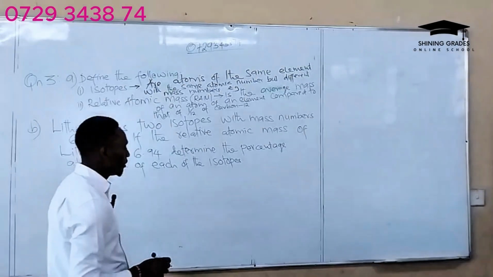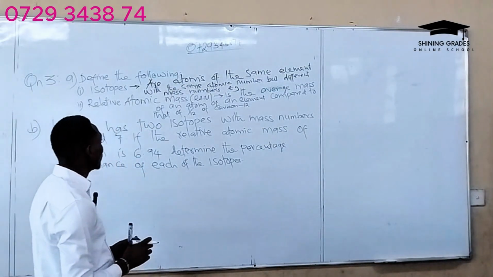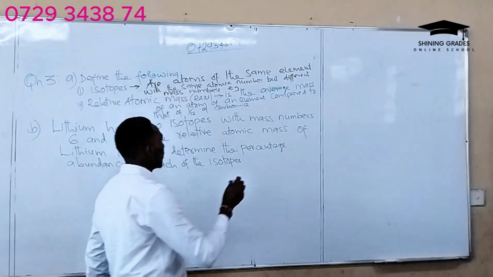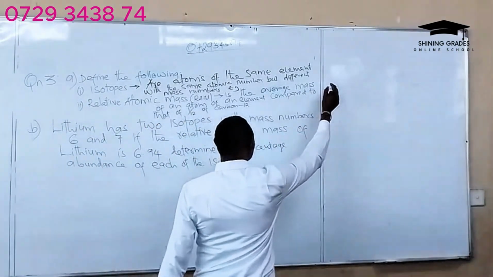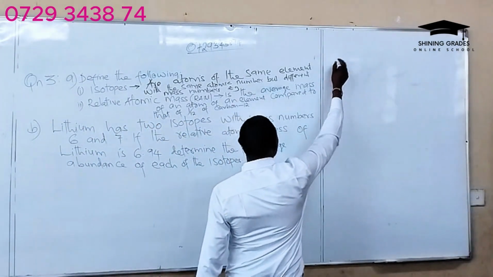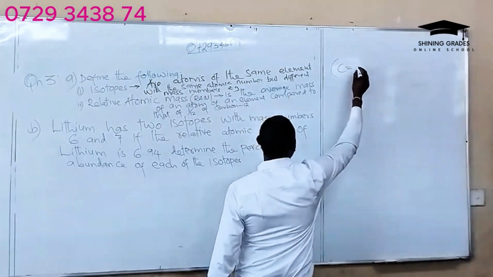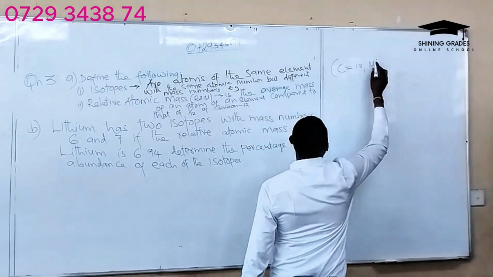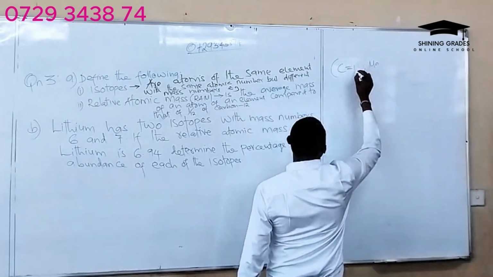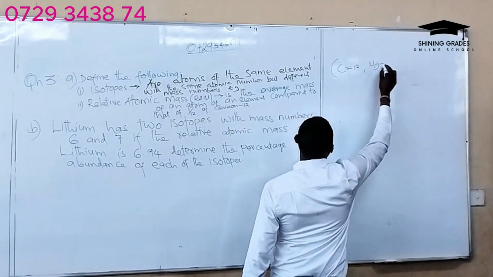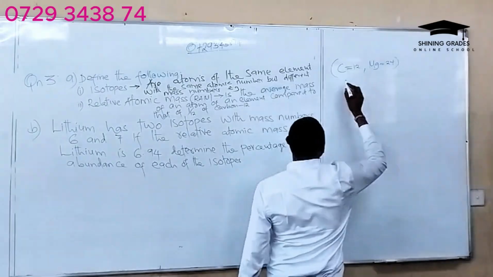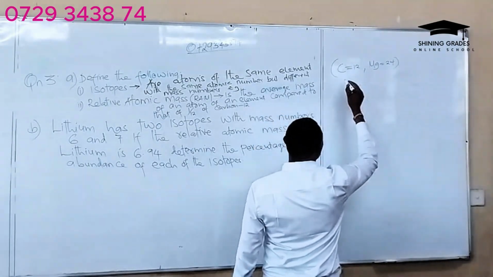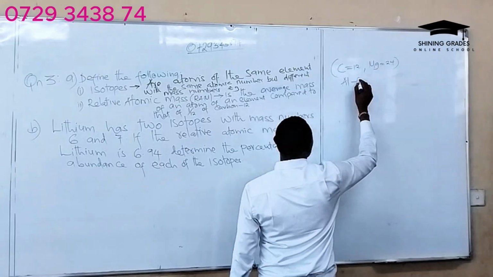I know it's not the first time that you are meeting relative atomic mass. In some questions, you find that you are provided with masses of certain atoms. For instance, carbon 12, magnesium 24. We also have, for instance, aluminium 27.